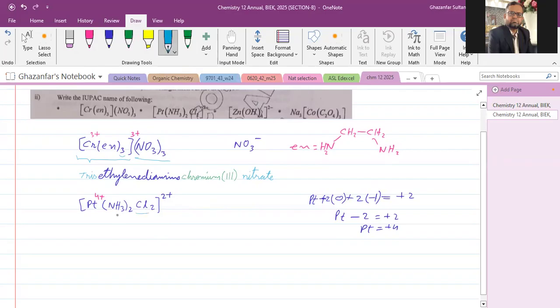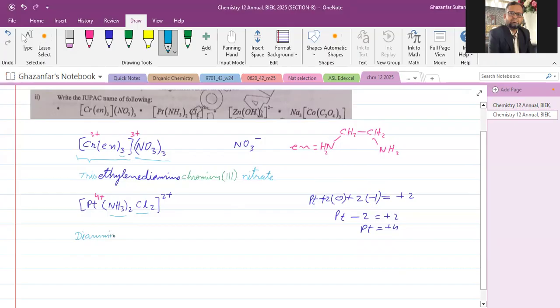Two ligands are there. For chloride, we use the prefix chloro, and amine for ammonia. Amine starts with A and chloride with C. So we first write diamine, and remember that in the spelling of amine, there should be double M because in ammonia, double M is there.